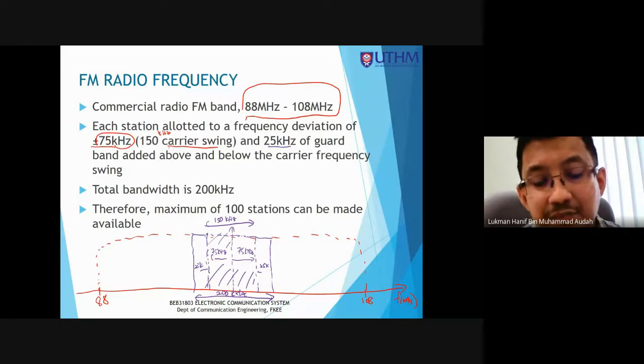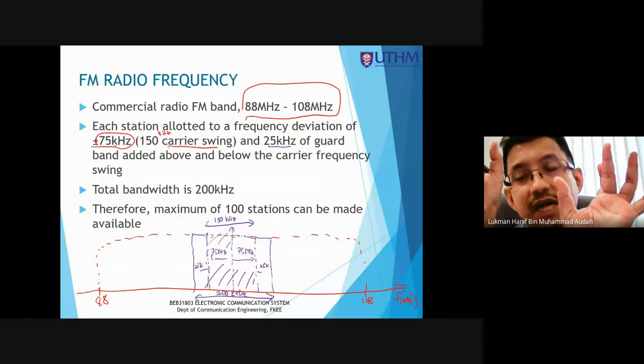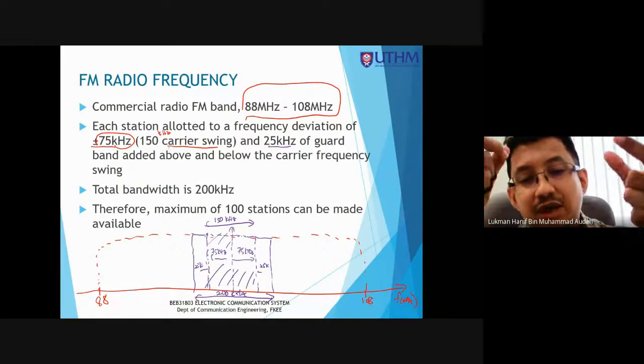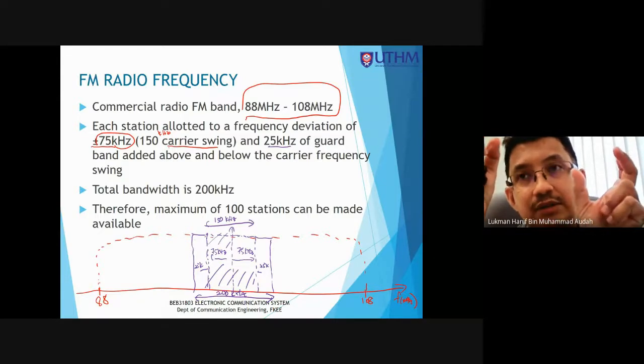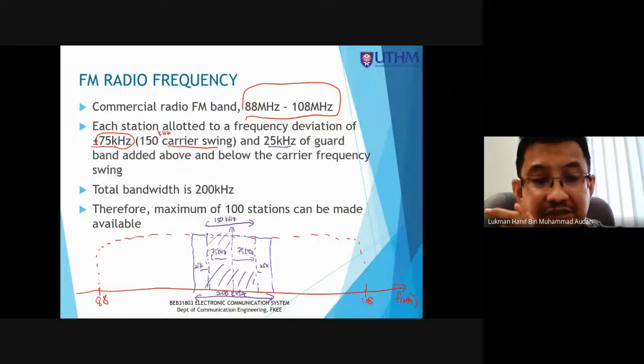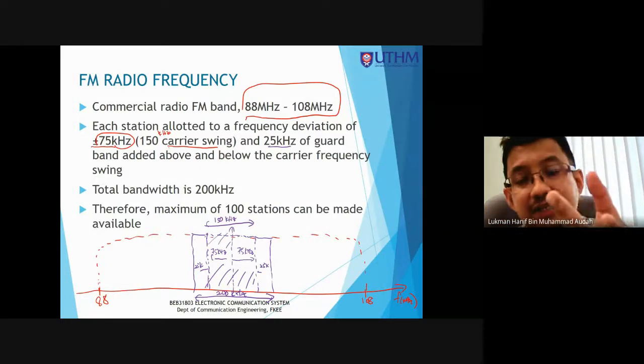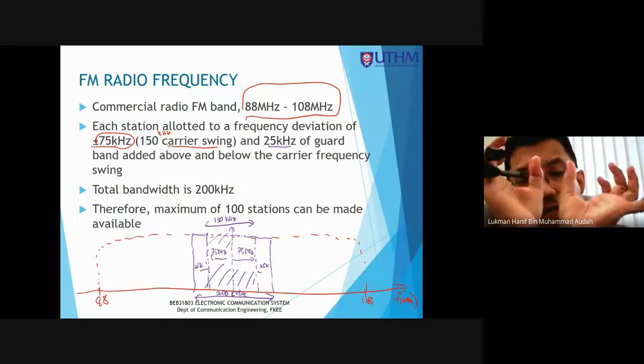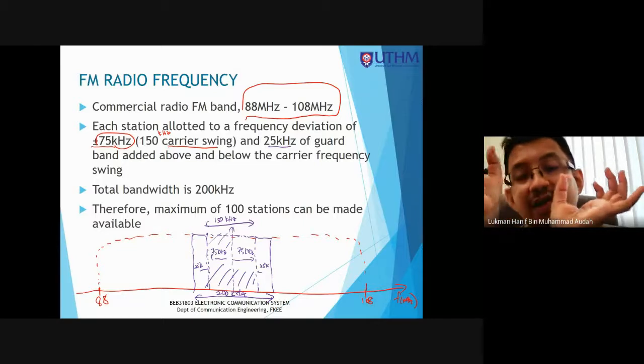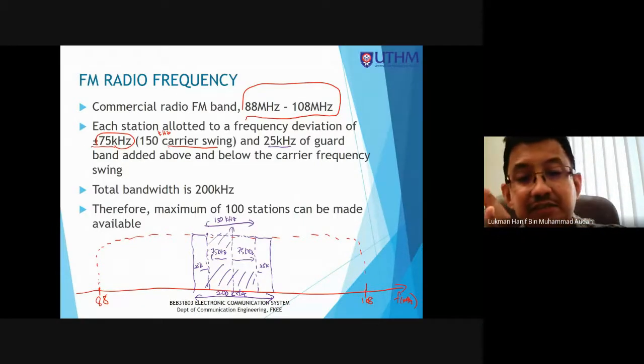What is guard band? Guard band is like an empty space that we allocate in the band so that it does not overlap with the adjacent channel. Bermakna channel ini tidak boleh berfungsi pada guard band itu untuk mengelakkan interference with the adjacent channel.